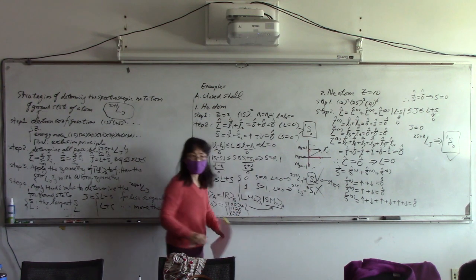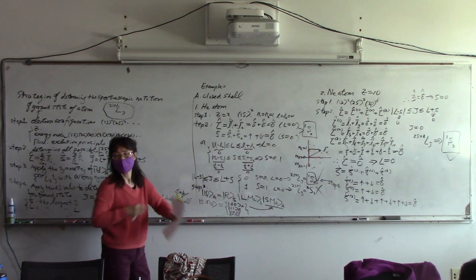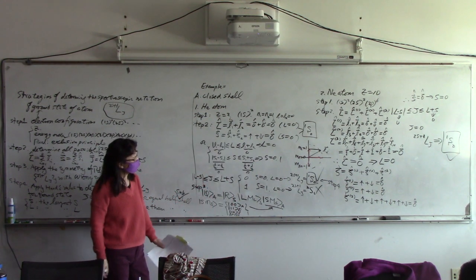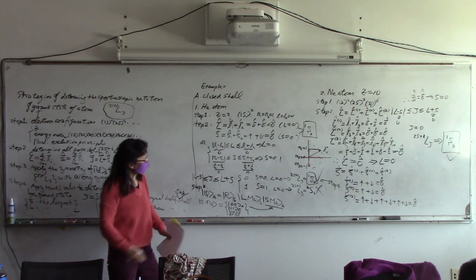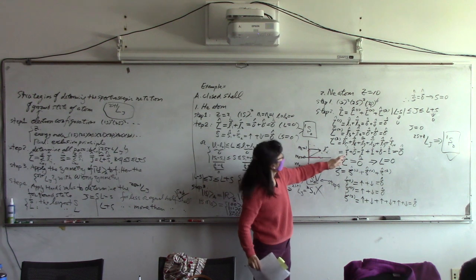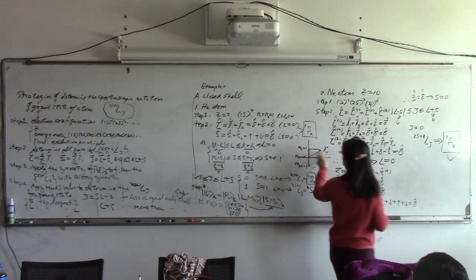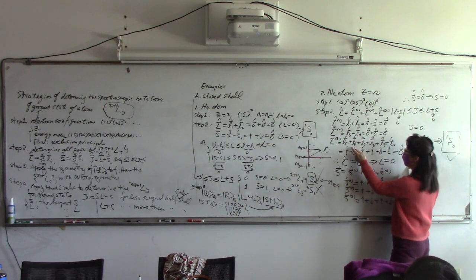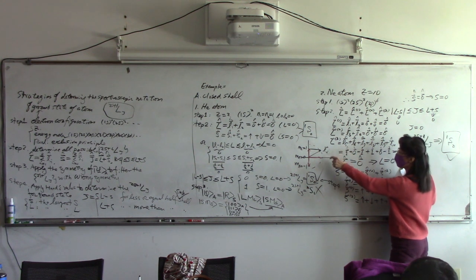Here, yes? I understand how you got S, but how did you get L? Like, how did you determine that M_L5 is 1, M_L6 is 0, M_L7 is minus 1? Okay. So there are only 3 choices, right? So if I select this one as up, you must have another down. And then another.